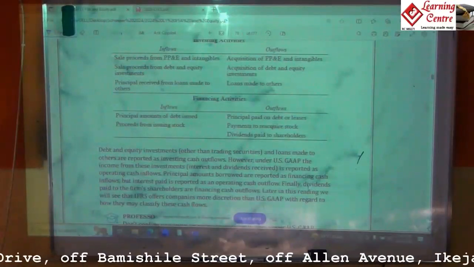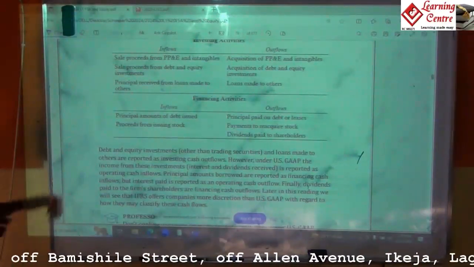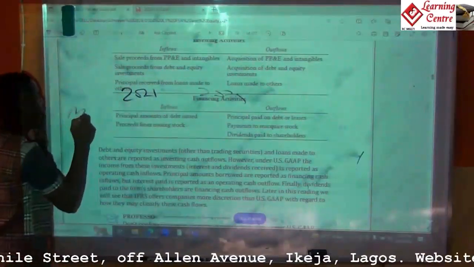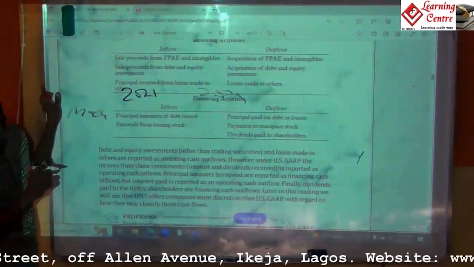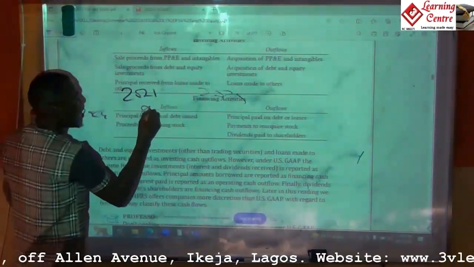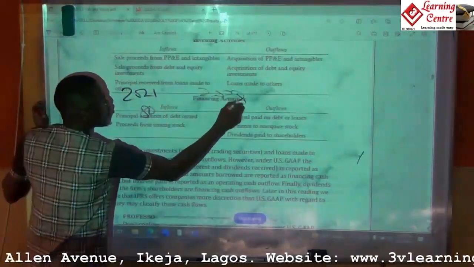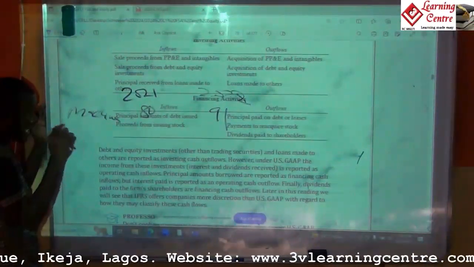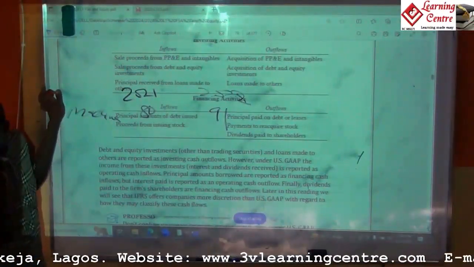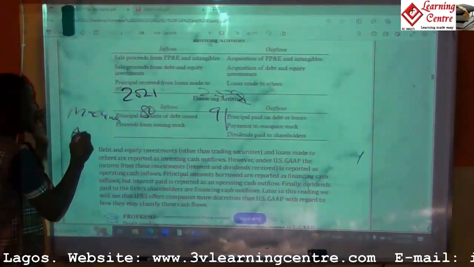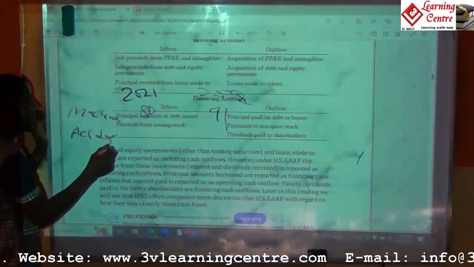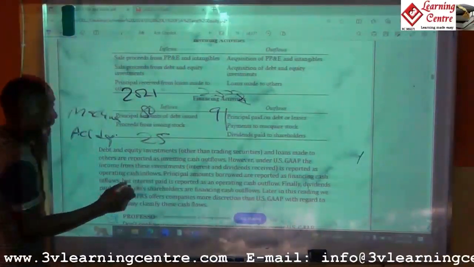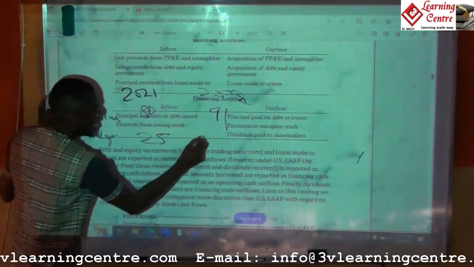So in 2021, the machine balance is 80, and in 2022 it is 91. While the accumulated depreciation in 2021 is 25, and in 2022 is 31.